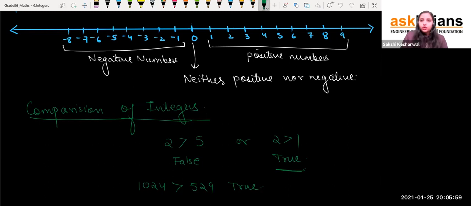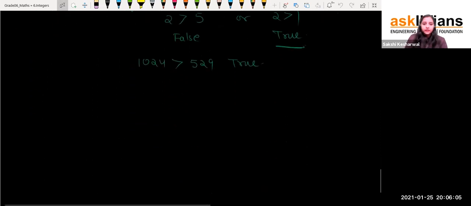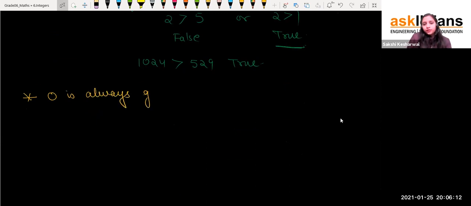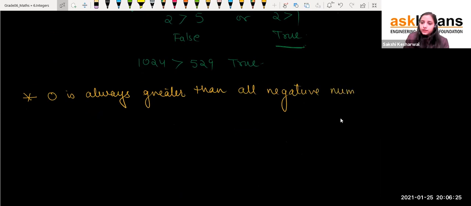So one thing is very clear, that 0 is always greater than all negative numbers, yes or no? And 0 is always smaller than any positive number, right or not?